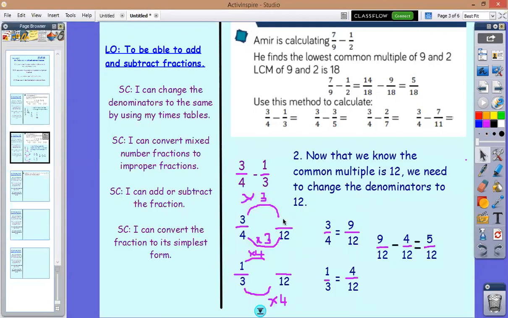So I need to times the top one by 3 as well. What I do to the denominator, I do to the numerator. So 3/4 equals 9/12. I do the same to the thirds here. Times by 4, and I do 1 times 4, which would equal 4. So that equals 4/12. And then I subtract it, and my answer is 5/12. Now, I didn't have to convert any mixed number fractions or anything like that.